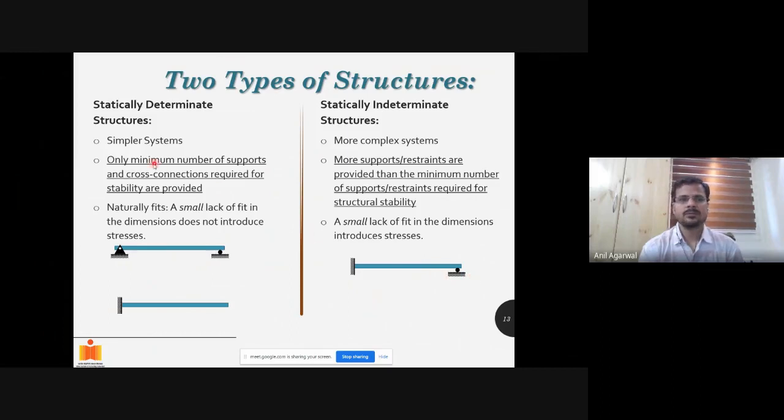Okay. And yes, the definition that you have been told a number of times is applicable: equilibrium equations are sufficient to solve this system. When I say solve, I mean calculating the reaction forces and calculating the internal forces, whatever are the applicable internal forces on these two systems.